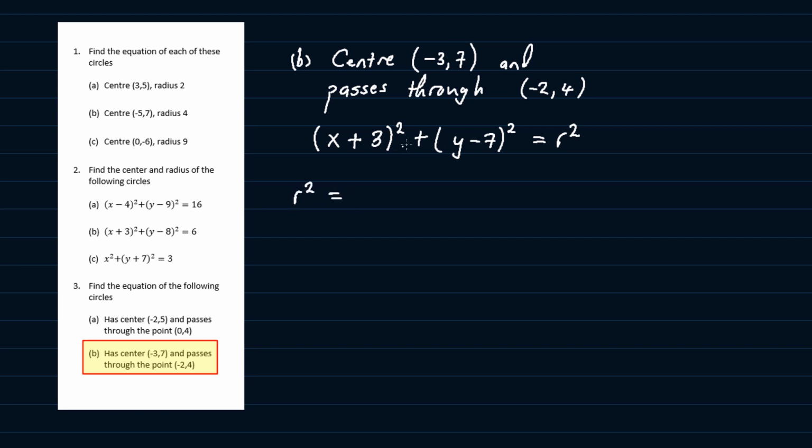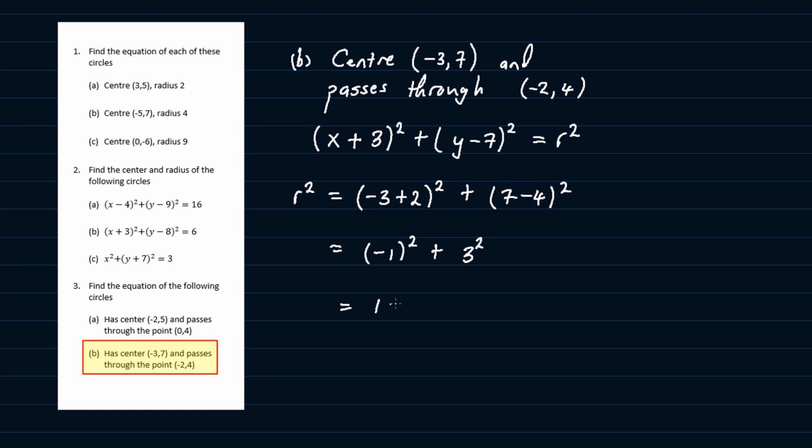R squared, using these 2 points, we have x minus a squared, so that's minus 3 minus minus 2, so that's minus 3 plus 2 all squared, plus 7 minus 4 all squared. So this is going to give us minus 3 plus 2 is minus 1, 7 minus 4 is 3.